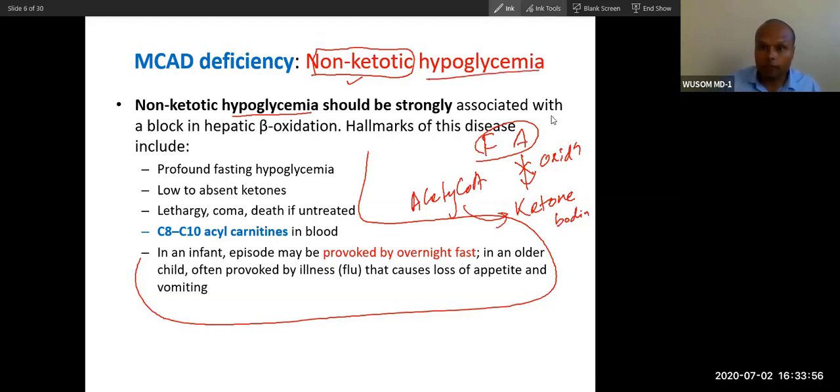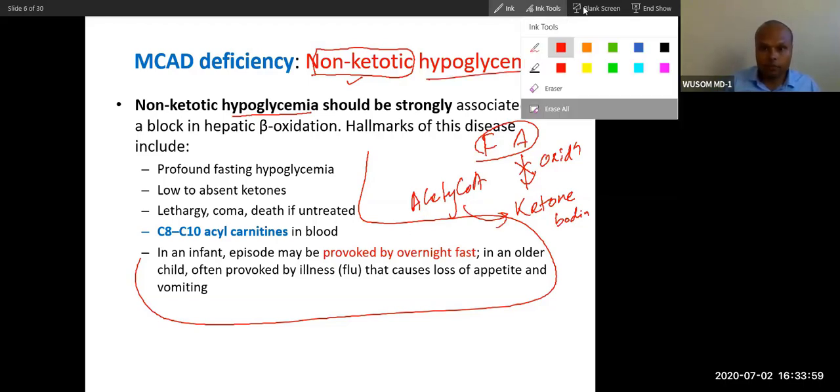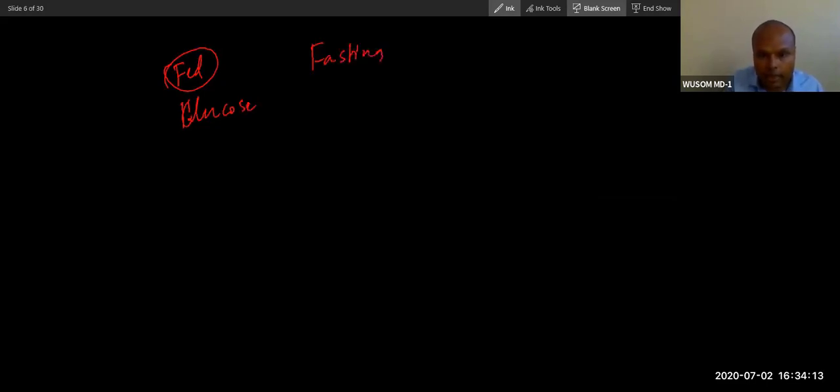Let me tell you one thing. During the fed condition, no problem, we have glucose from our diet. The fed condition lasts 1 to 4 hours.